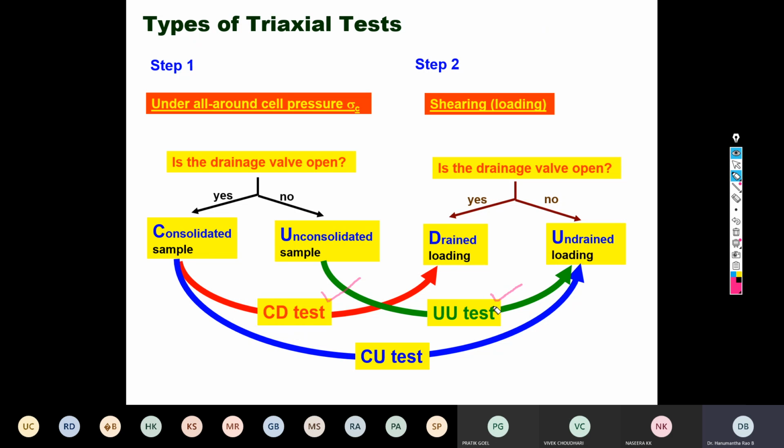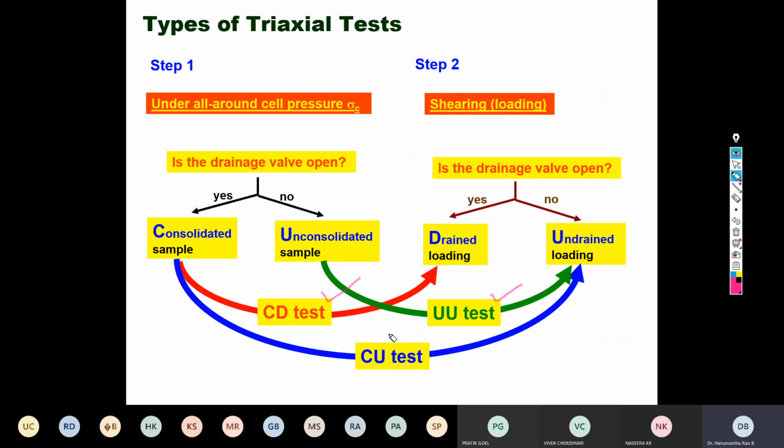Therefore, the parameters that you get from UU are total C and total phi, and from the CD test, only C dash and phi dash. Completely total stress analysis in the case of UU, completely effective stress analysis in the case of CD. While in CU, we can go for total stress analysis as well as effective stress analysis. Therefore, in CU, we get C, phi as well as C dash, phi dash.